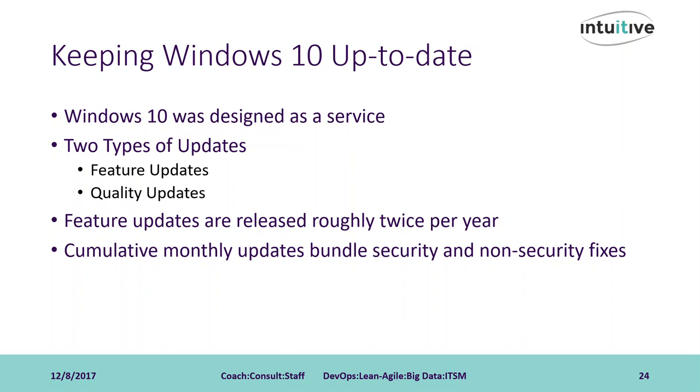Because feature updates are delivered more frequently than with previous versions of Windows, around twice a year rather than every 3 to 5 years, changes will need to be handled in bite-sized chunks rather than all at once, and end user readiness time will shorten accordingly.